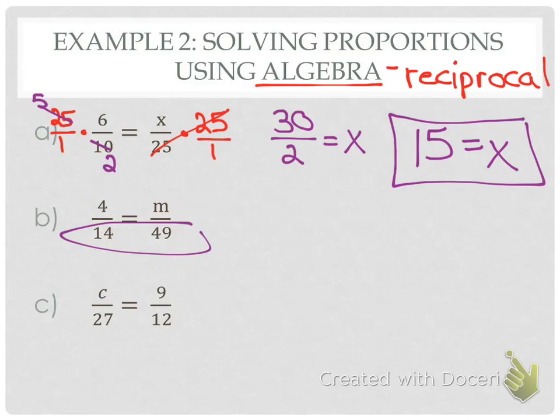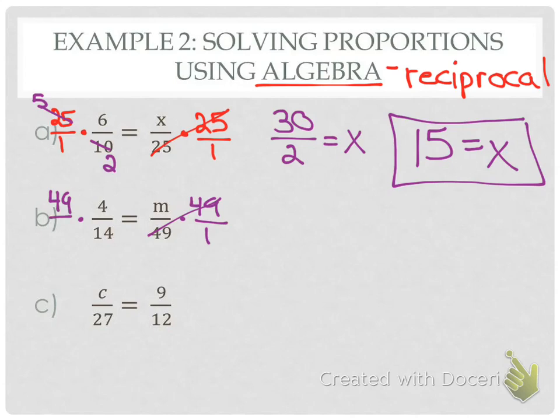Okay, so sometimes equivalent ratios is the practical, easy way to solve, and sometimes using algebra is the practical, easy way to solve. All right, so on B, what would I need to multiply both sides by to solve for M? 49. I need to multiply both sides by 49, okay, to get M by itself.